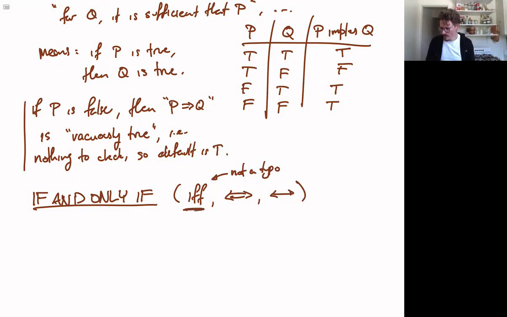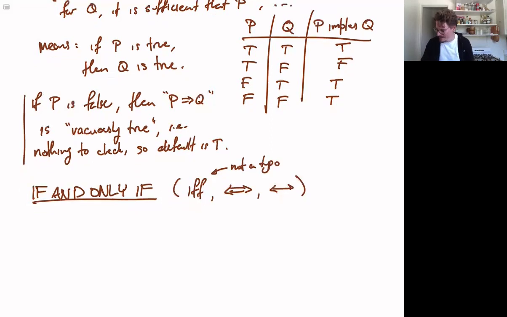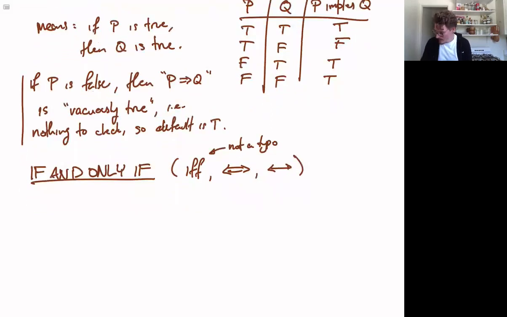And you'll probably see me use this a lot just because that is a lot to type. If I'm typing, I'll probably say this, but if I'm writing by hand, I'm going to do it right now. So P, Q, and P if and only if Q is how I should read that.